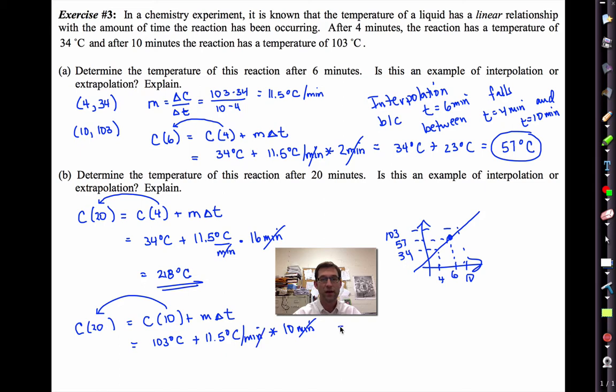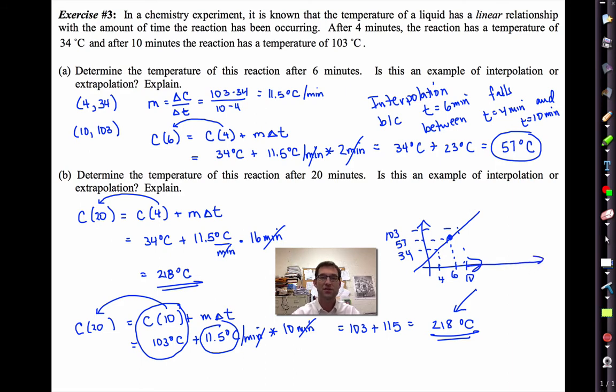Those cancel, and that would be 103 plus 115, and again, 218 degrees Celsius. Because like all linear phenomena, you really just need a known point and the slope to figure out any other output. Isn't that cool? Now, clearly this is extrapolation.